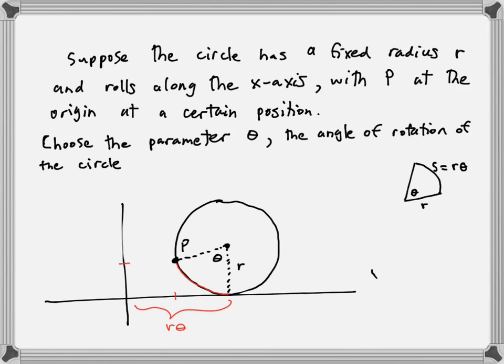Now what? To give myself a little more space to work with, let me erase this theta right here. Okay, I'm going to call it theta, but I want to create a right triangle here. Now notice that if sine of theta is equal to that dashed red line divided by the radius r, then that means that this dashed red line is equal to r sine theta.